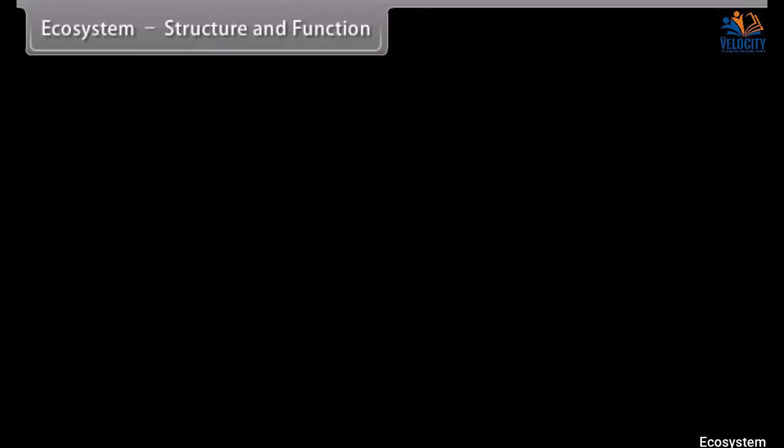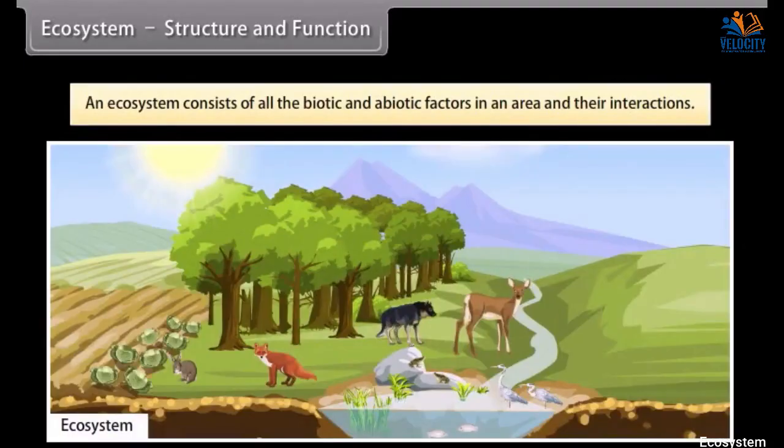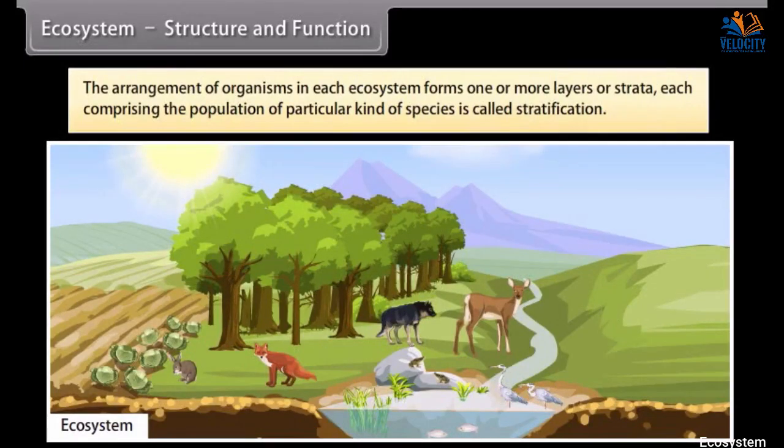Ecosystem, structure and function. An ecosystem consists of all the biotic and abiotic factors in an area and their interactions. The arrangement of organisms in each ecosystem forms one or more layers or strata, each comprising the population of particular kind of species, called stratification.